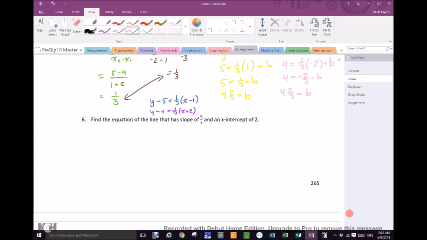What have I done in the question for number 6 that is going to fool a bunch of you because you are going so fast that you want extra time to be Snapchatting and Instagramming? I have written x-intercept instead of y-intercept. And I guarantee you, if I didn't make a big deal out of it, if I just said go on number 6, half of you would start going.